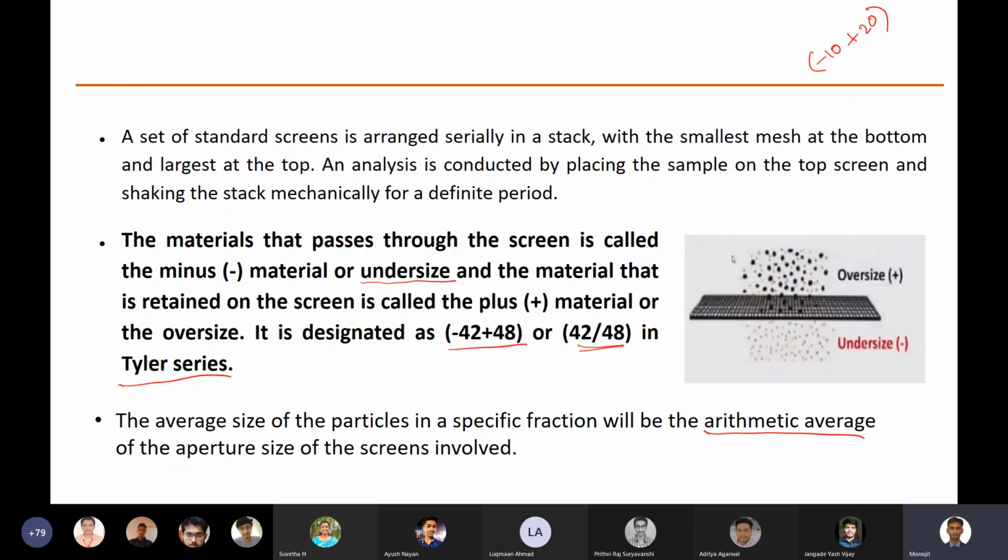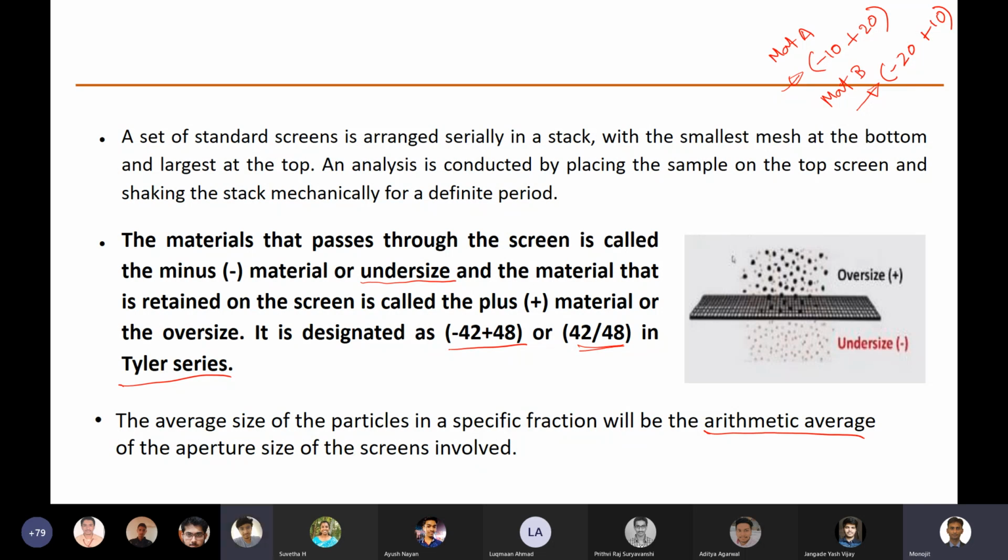This is material A. Another material I have, material B, where I'm saying it's minus 20 plus 10. First of all, you tell me that if I use these two terminologies for specifying a fraction of material, are both the terminologies right or wrong?